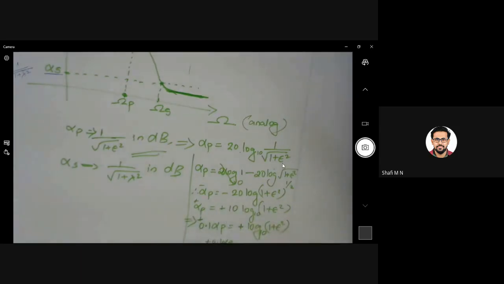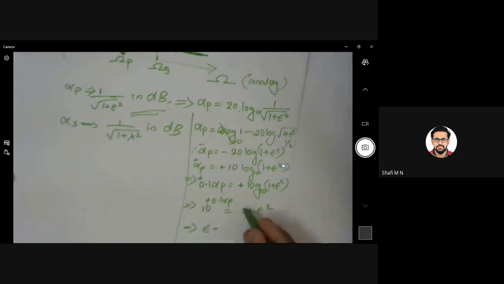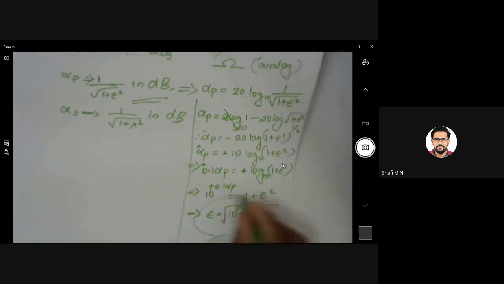So what will be epsilon from this? Take the minus 1 to this side and take the root. Epsilon is the root of 10 raised to 0.1 alpha p minus 1. So that will be the equation for epsilon.